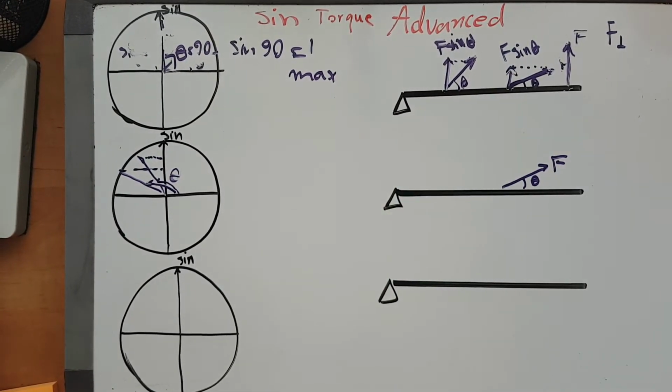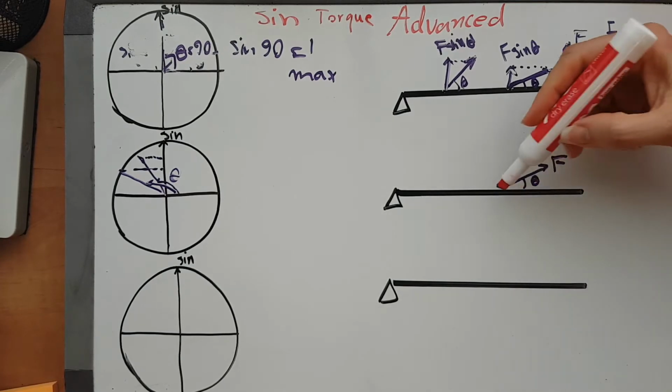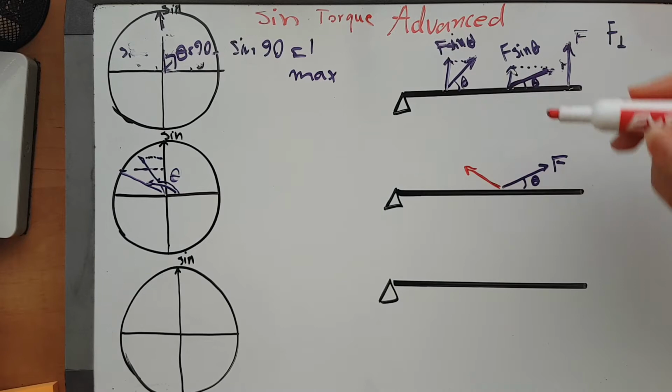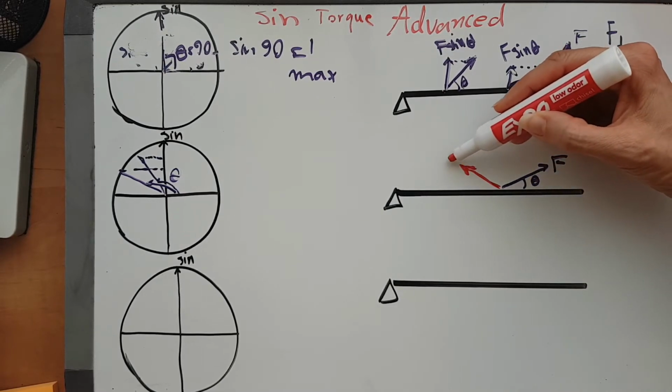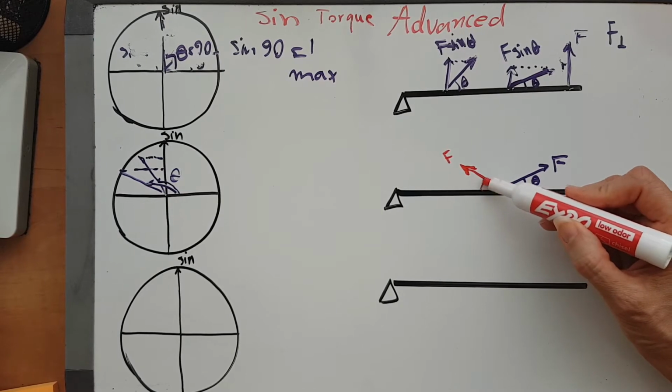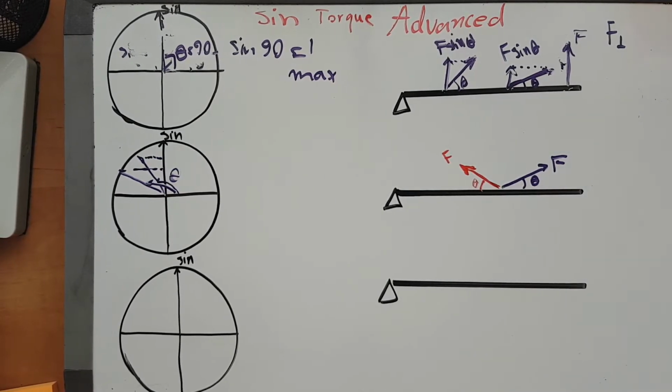And let's look at this situation. The same amount of F is applied, but in this direction, and imagine this is exactly theta. What will happen in this case?